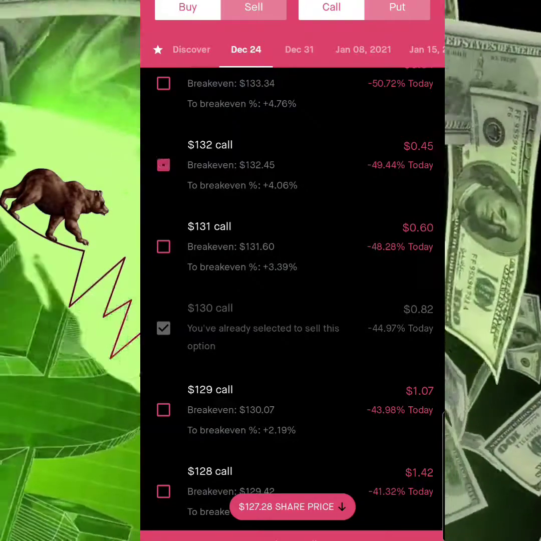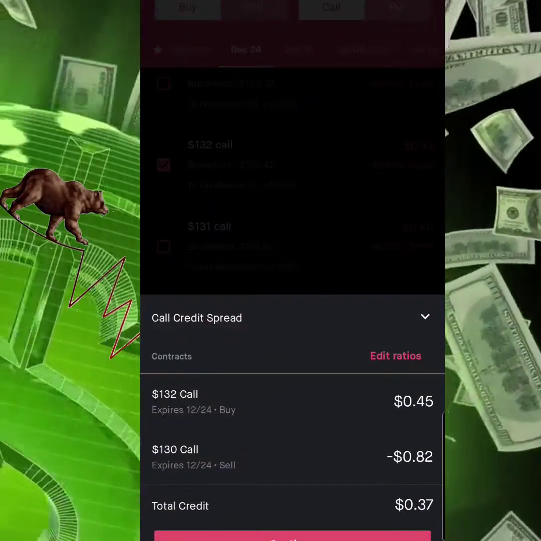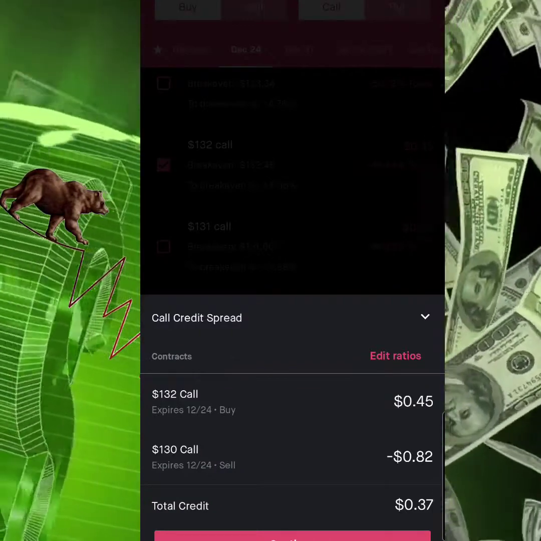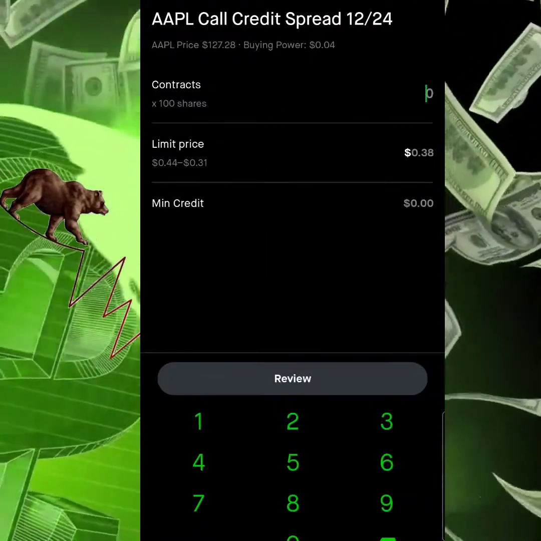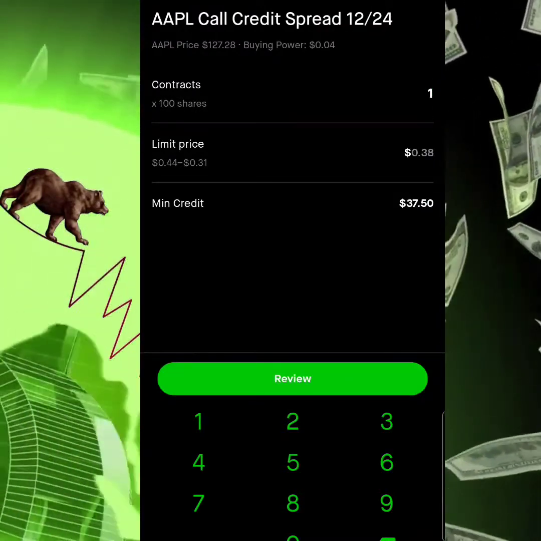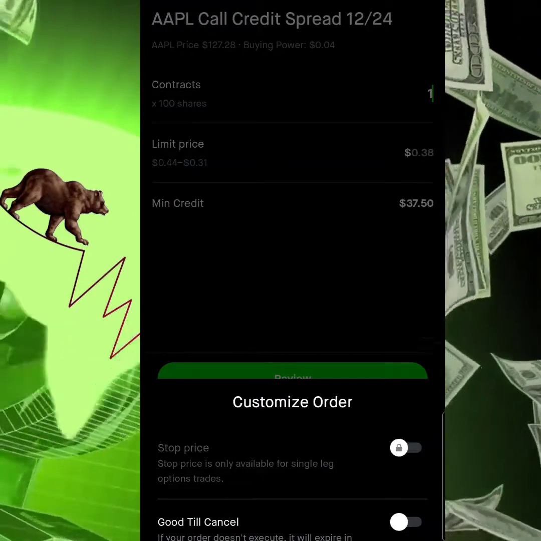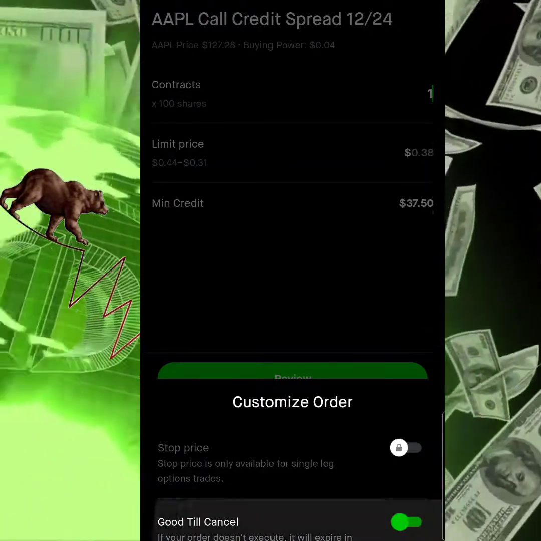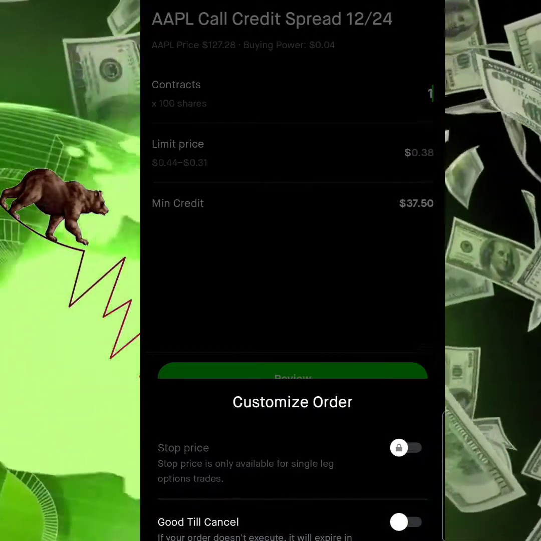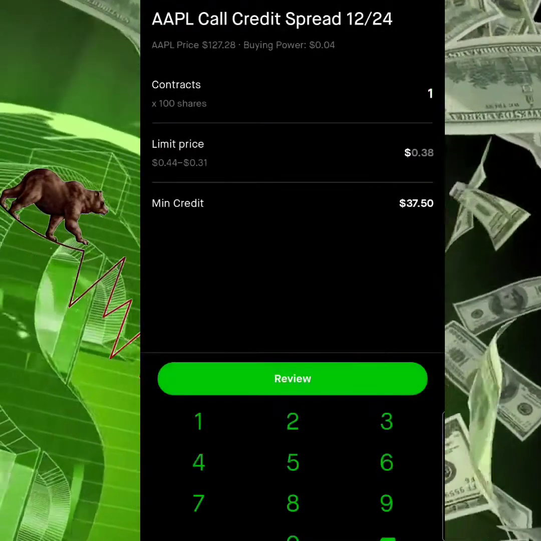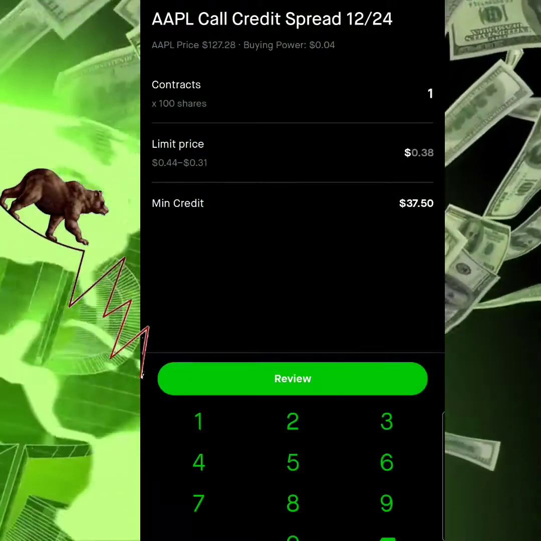Now, if you want more money, simply select a different strike price, all right? Now you see it's $37. I don't know about you, but I'll take 37 at the end of every week. If you want more, if you've done your analysis, you could simply change the contract number at the top, 37 times 2, 3, or whatever you're comfortable with.